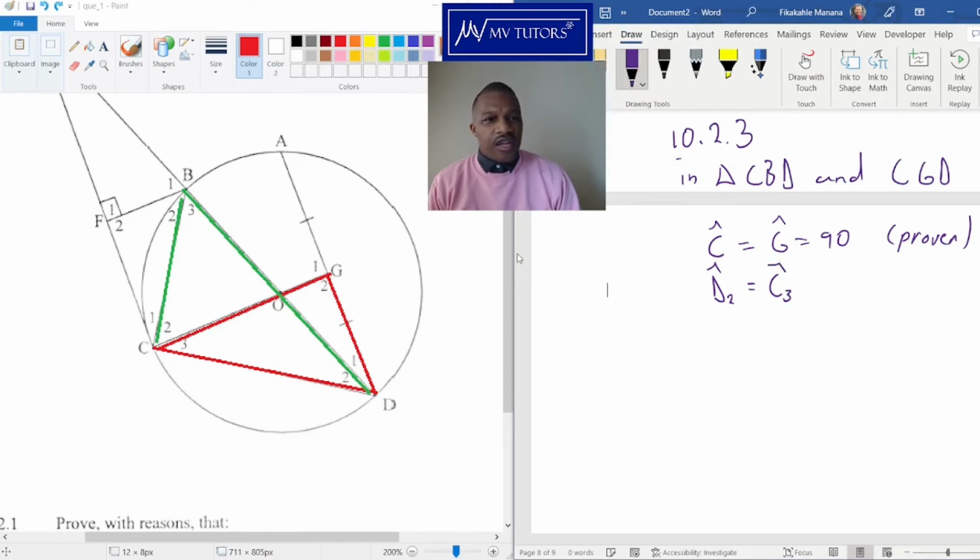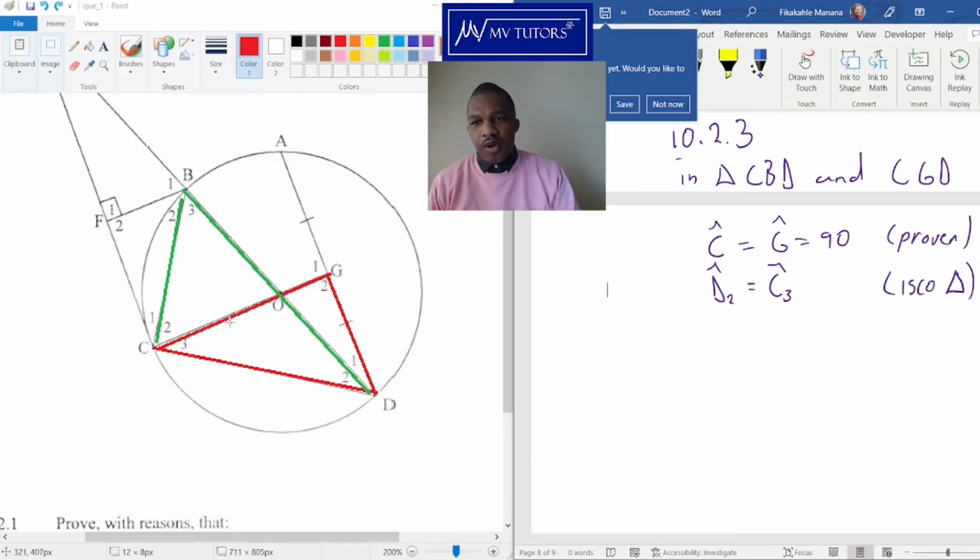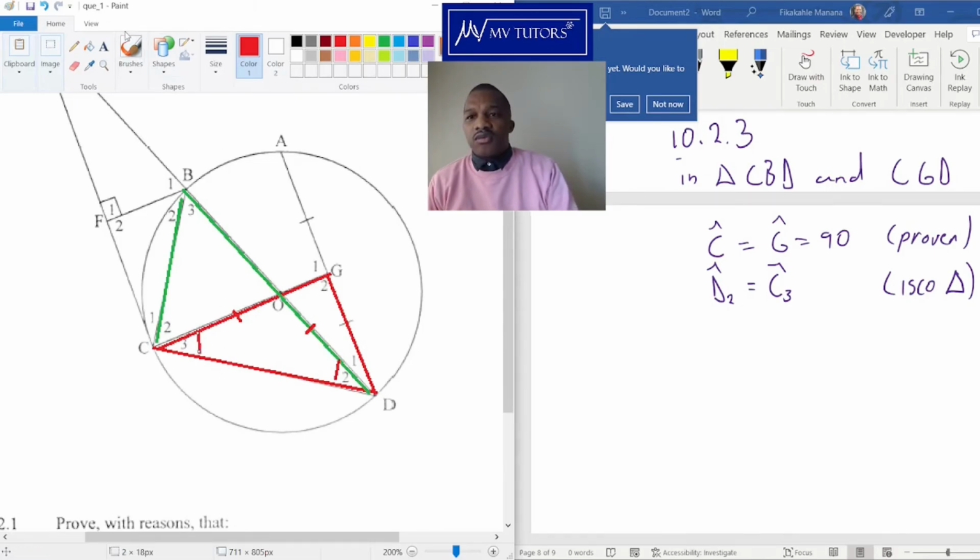The reason they are equal is because of isosceles triangle. From an isosceles triangle we know that equal sides mean equal angles. We spoke about this, that the sides are equal because both of them are radii. So the angles must then be equal. Cool, that's what I'm saying.